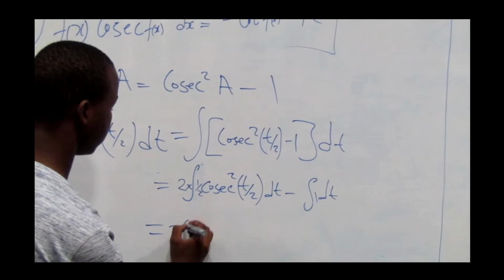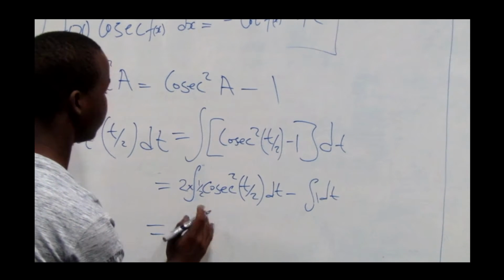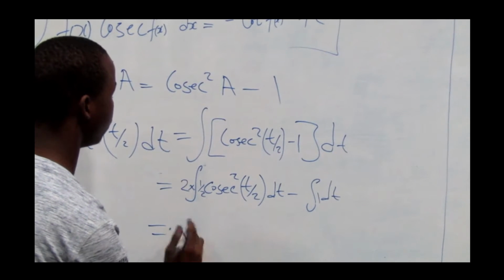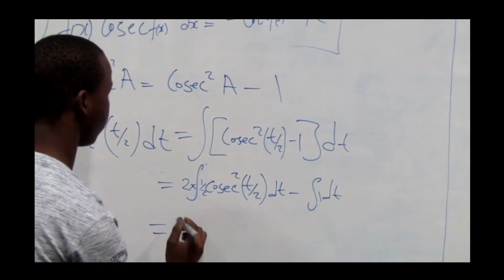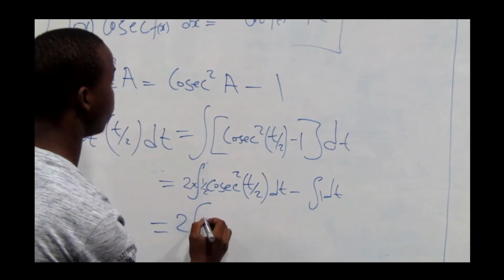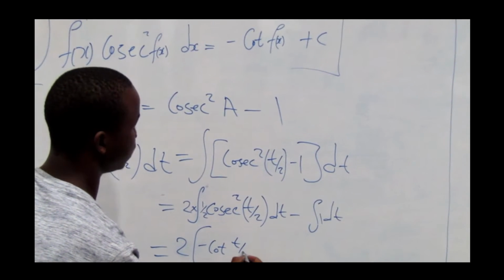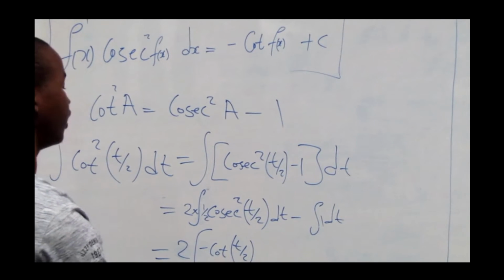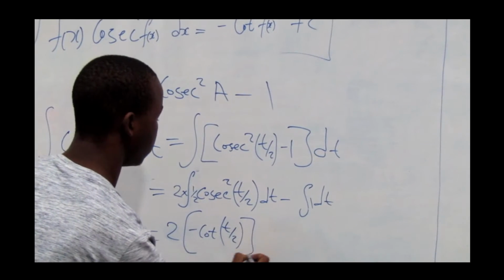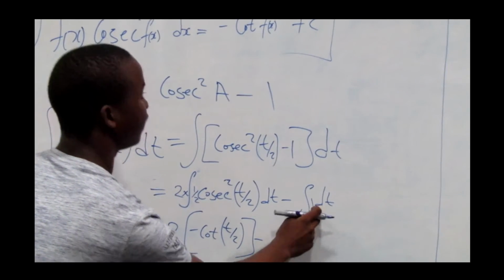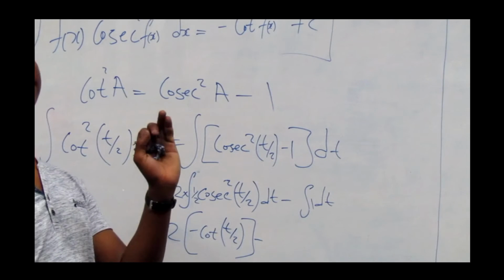It's going to give us negative cot, negative 2, which is 2 into negative cot t over 2, minus the integral of a constant.